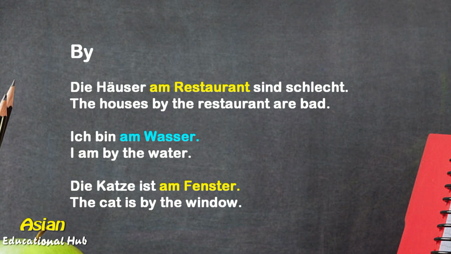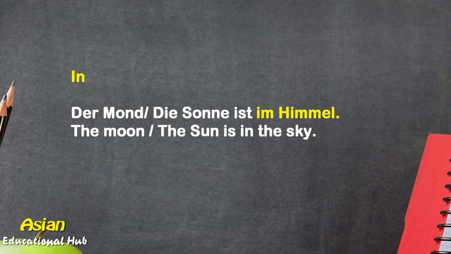The houses by the restaurant are bad. Ich bin am Wasser. I am by the water. And die Katze ist am Fenster. The cat is by the window. And now in. Der Mond or die Sonne ist am Himmel. The moon, the sun is in the sky.